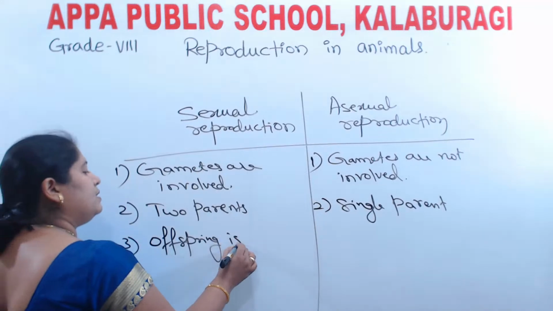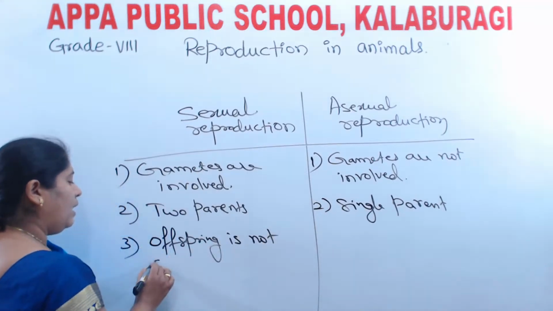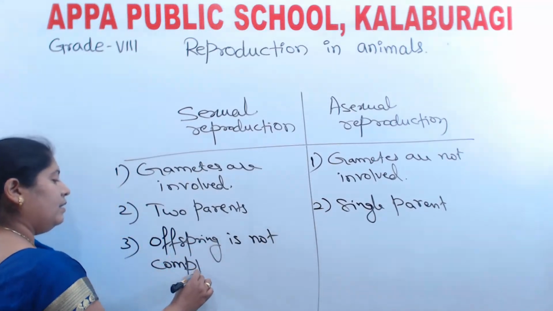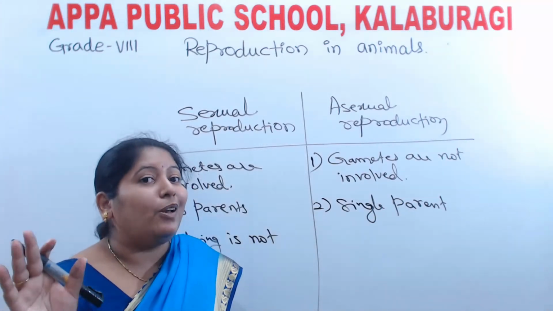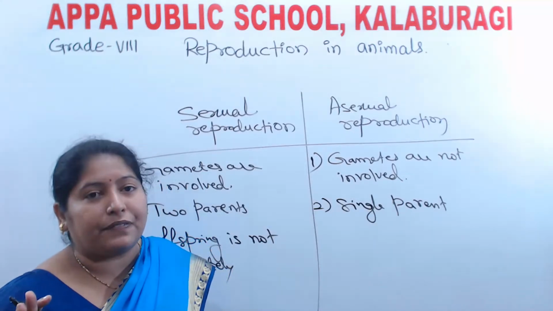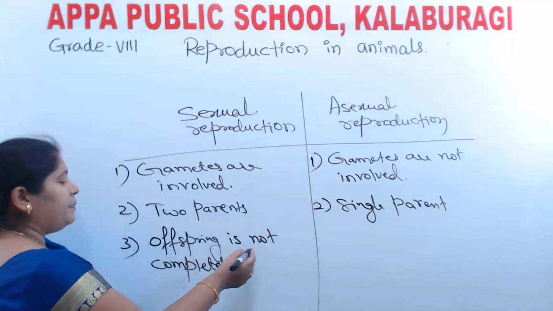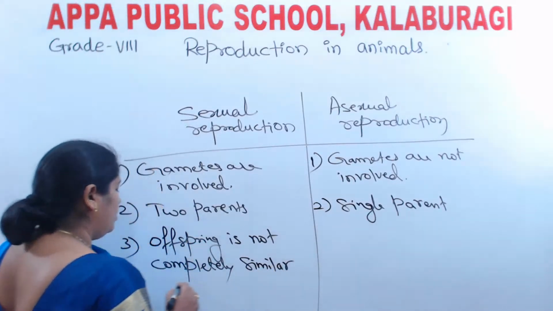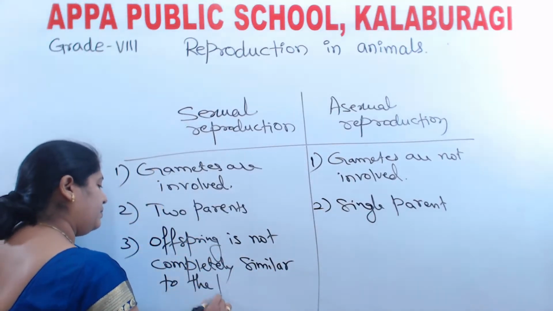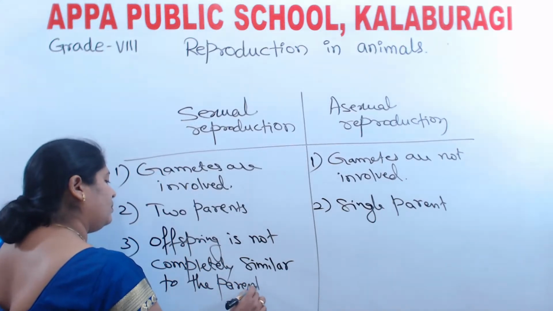Offspring is not completely similar. Maybe some of the traits are matching the parents, but not completely similar to that of the parent. Okay, offspring is not completely similar to the parent. Right?